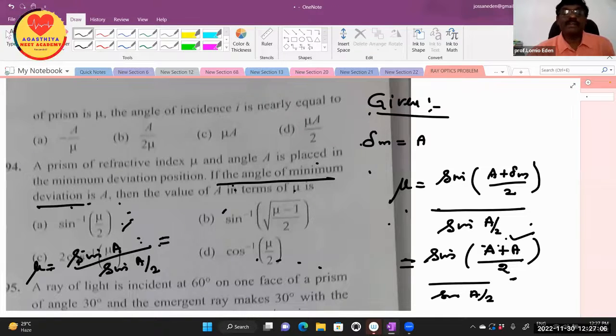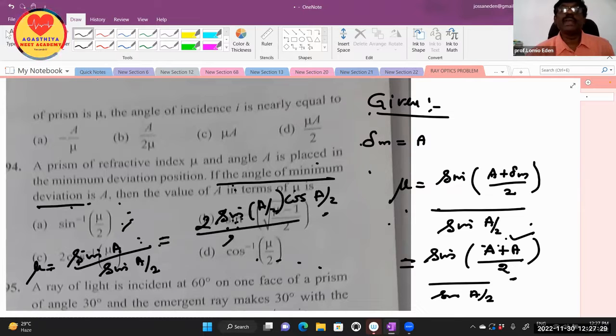Therefore, let us modify that using the sin 2a formula, sin 2a equals 2 sin a cos a. Sin A can be written as 2 sin A by 2 cos A by 2. Here sin A by 2 cancels out. It becomes 2 cos A by 2. That is mu.